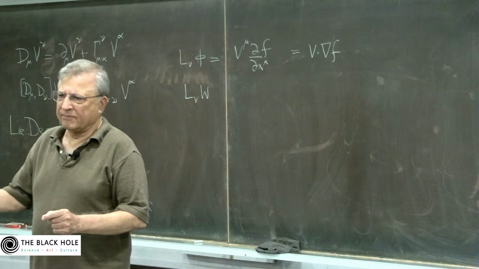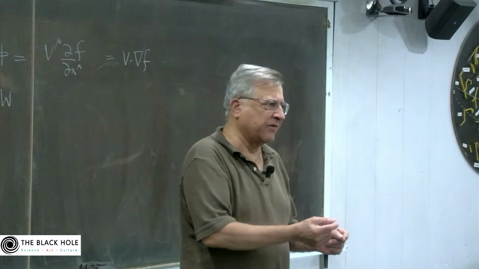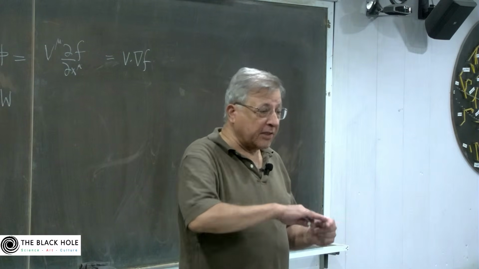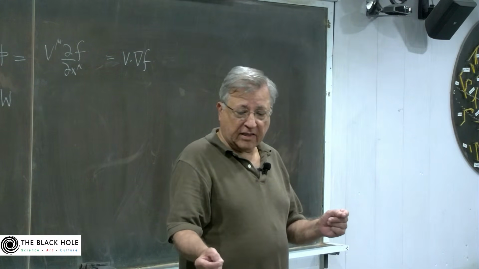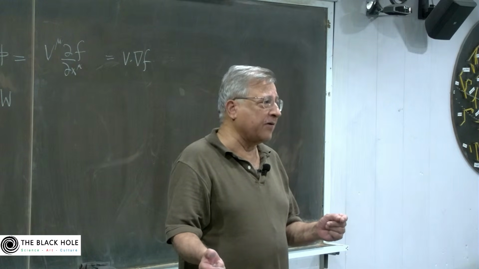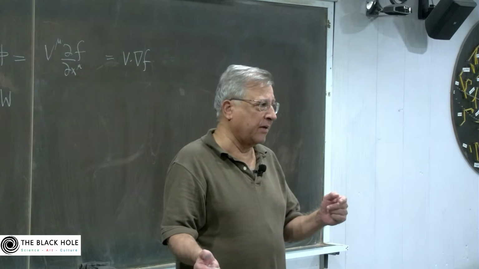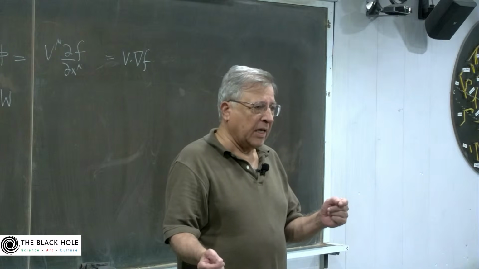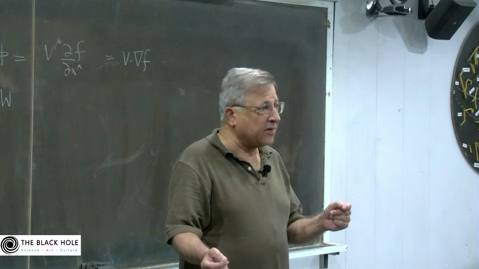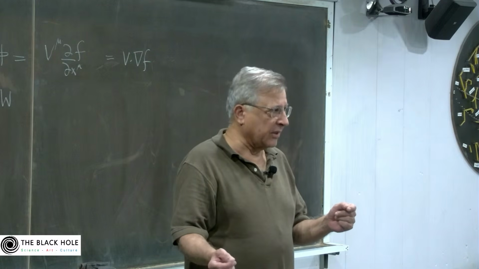You can just take that vector over there back. It will not change its direction. But if it's a curved space, then the vector over here will be pointing in a different direction from where it was here. And so I need now a different definition.